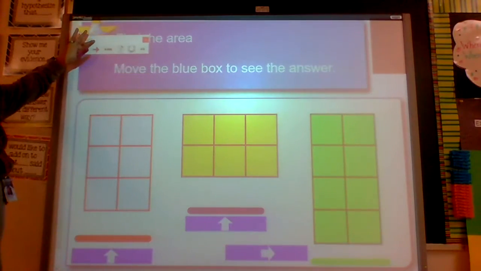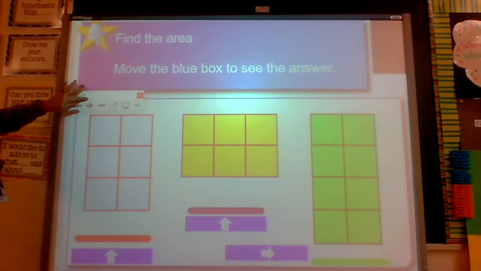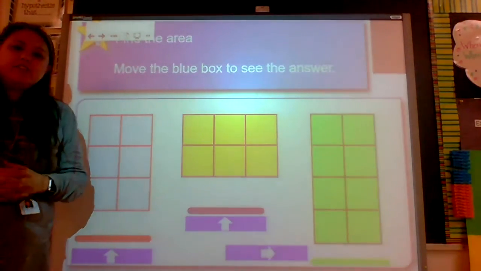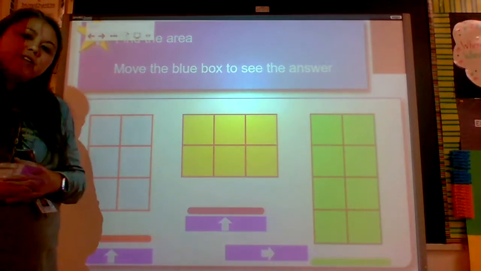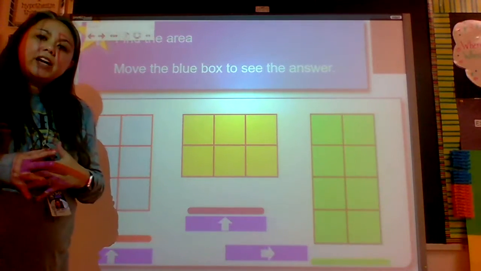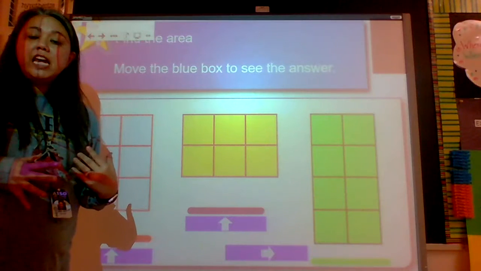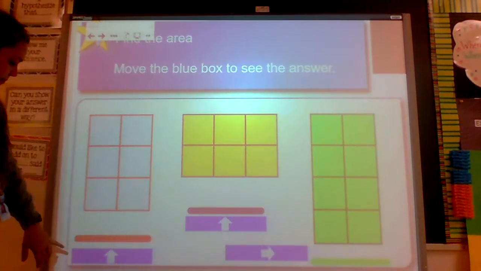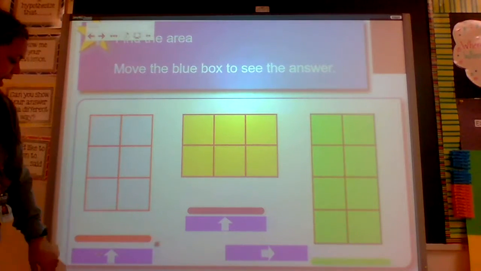Now here it says find the area, move the blue box to see the answer. So what I need you to do is pause the video, and then when I come back, we're going to go over the answers to this. Welcome back.